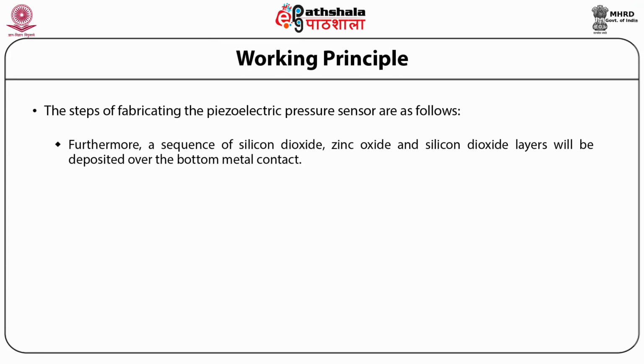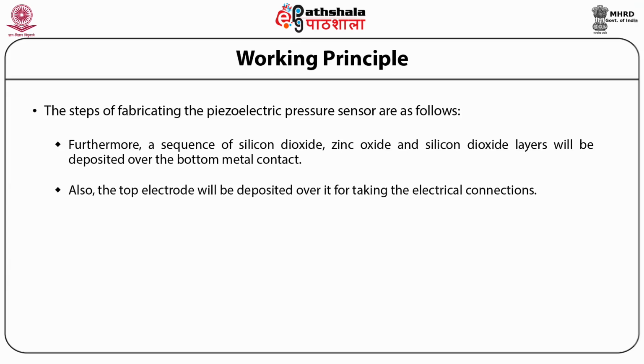Furthermore, a sequence of silicon dioxide, zinc oxide and silicon dioxide layers will be deposited over the bottom metal contact. Also, the top electrode will be deposited over it for taking the electrical connections.